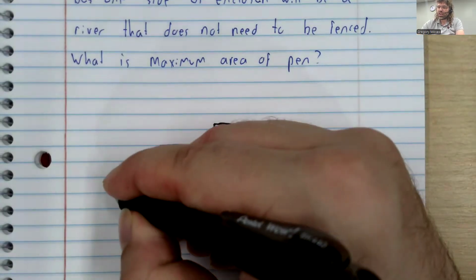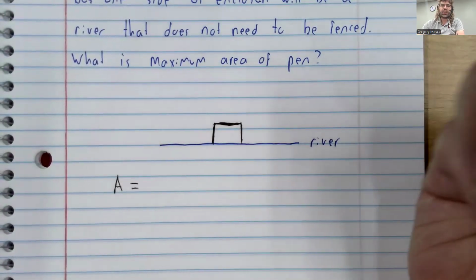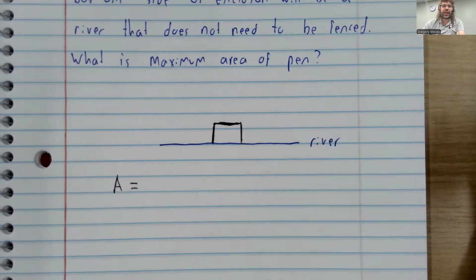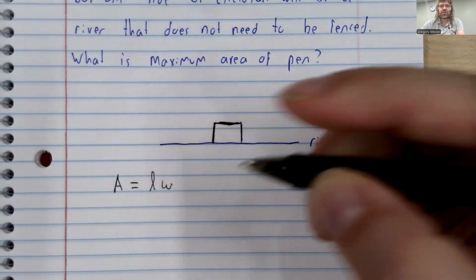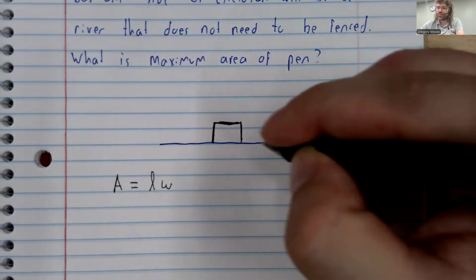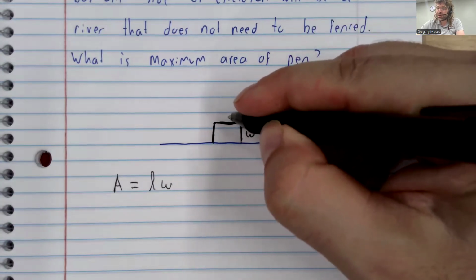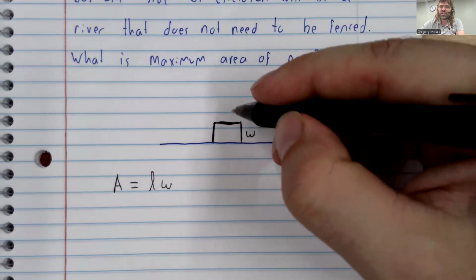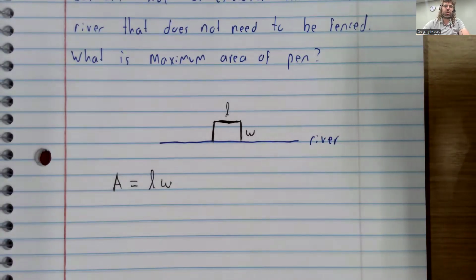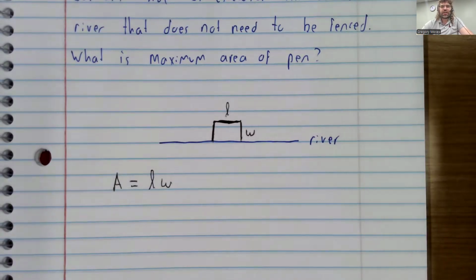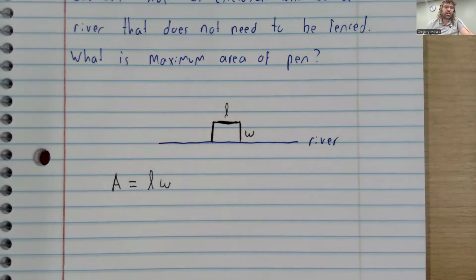So we want the area of the pen, and we know what the area of a rectangle is. It's the length times the width. So let's call that the width, the vertical distance on my paper, and the horizontal distance I'll call the length. And I want to maximize the area.